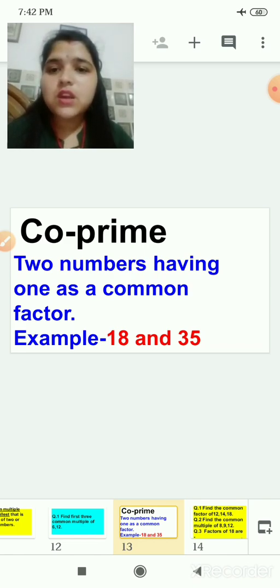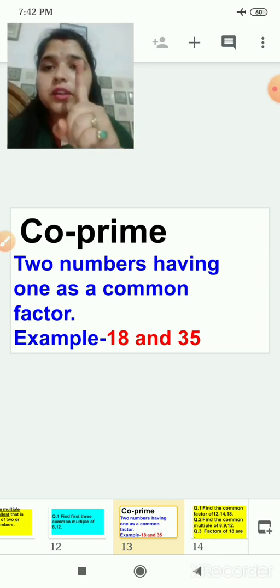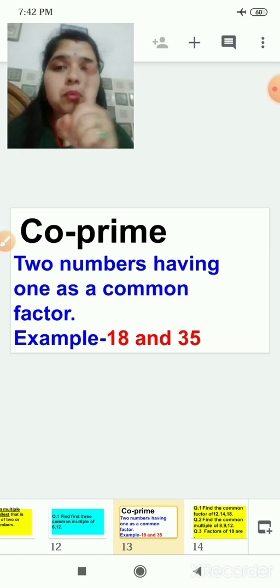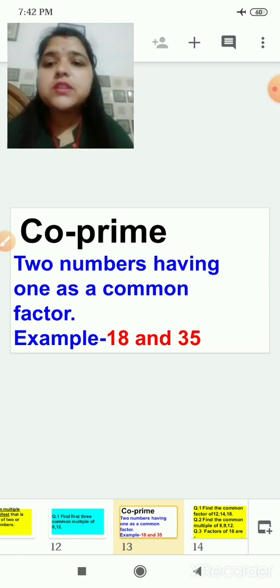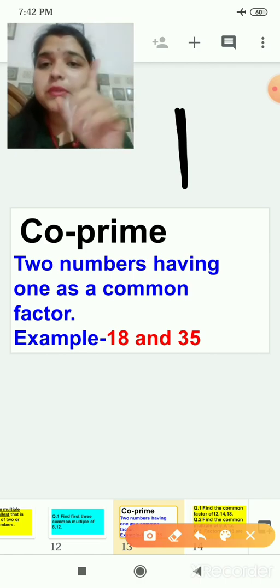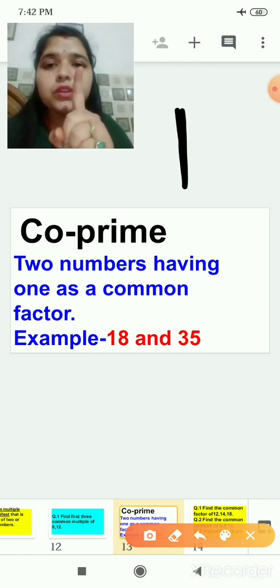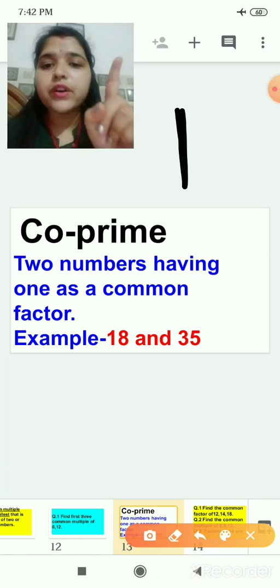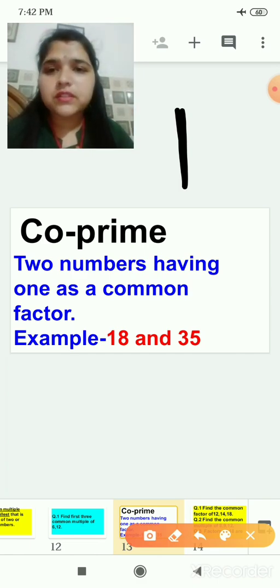It means the answer for them is 1, not one number. 1, O-N-E, as a common factor. Those numbers are called co-prime numbers.